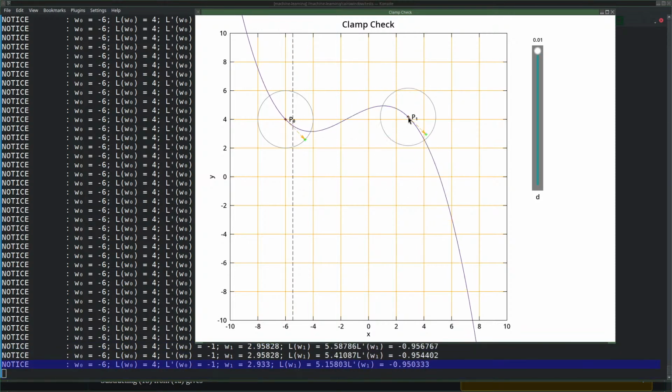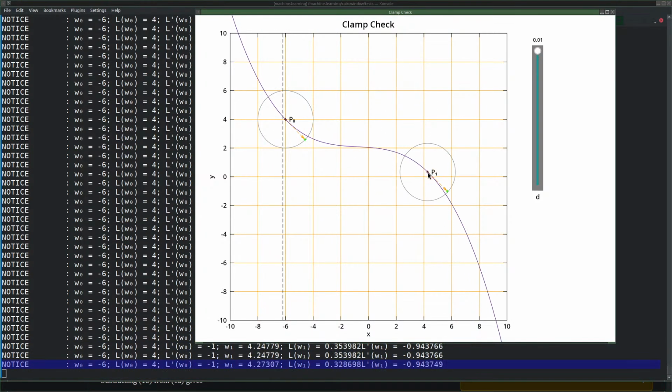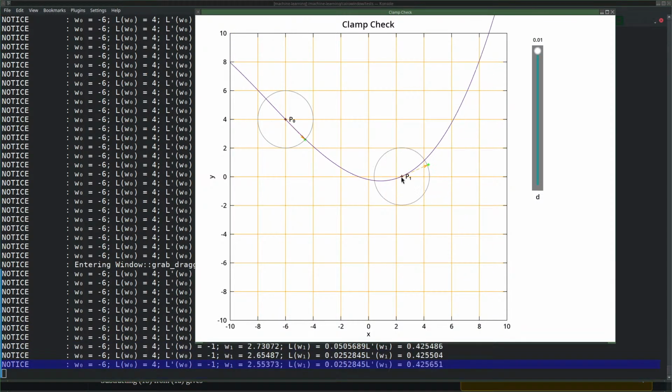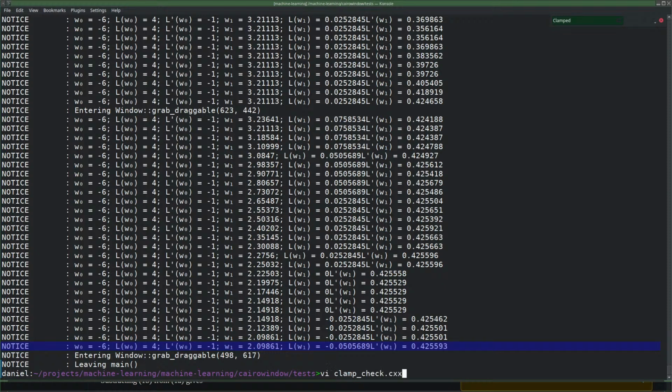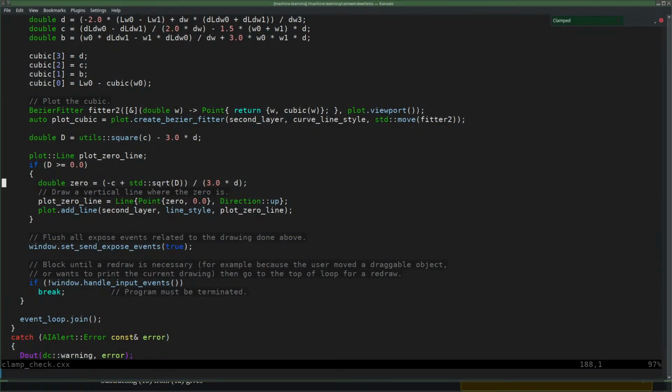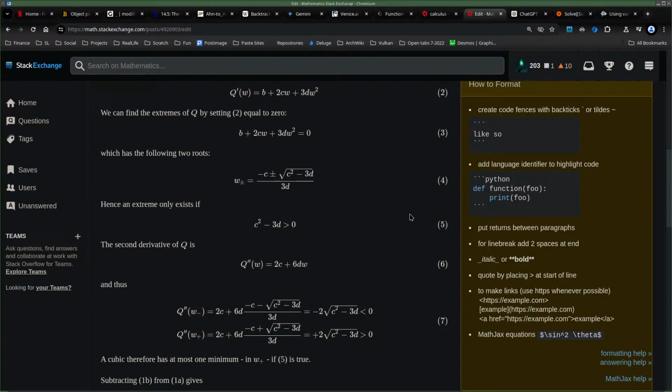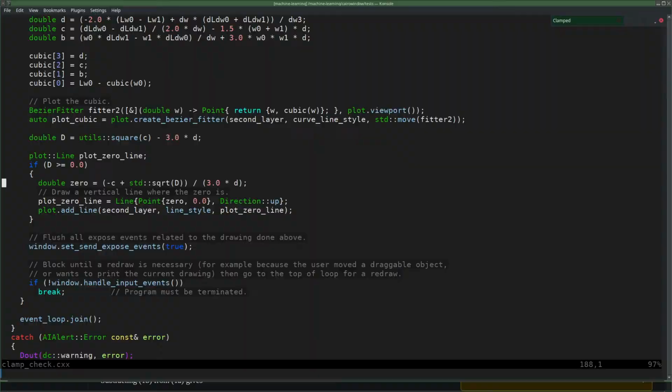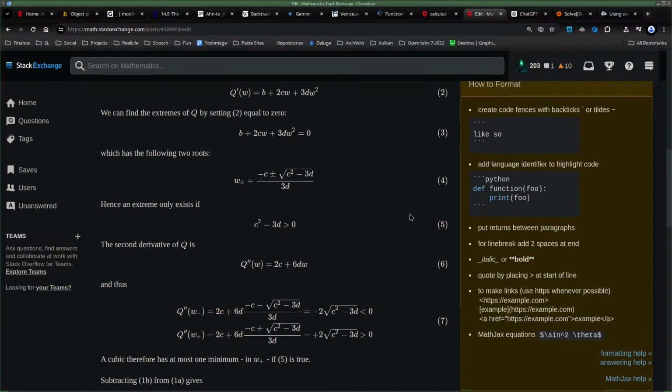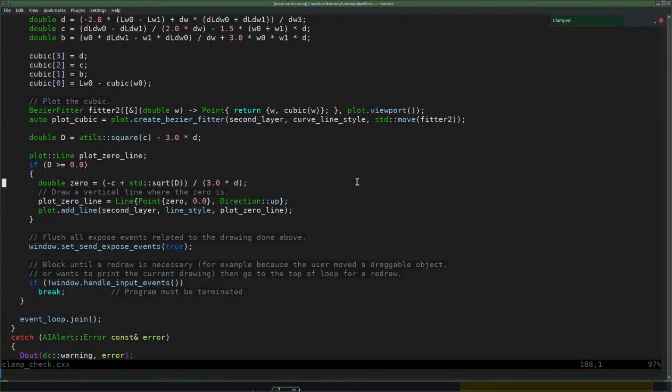It's absolutely not working. Just what the hell is wrong here?